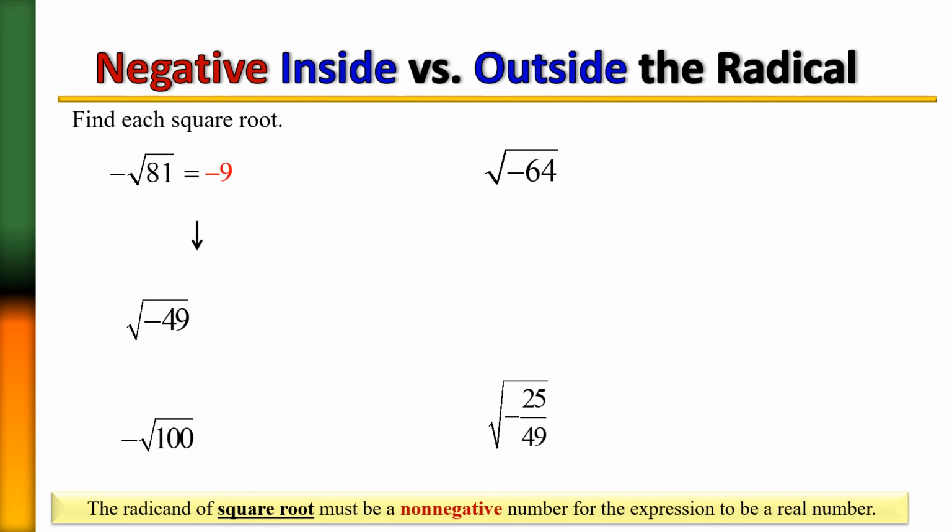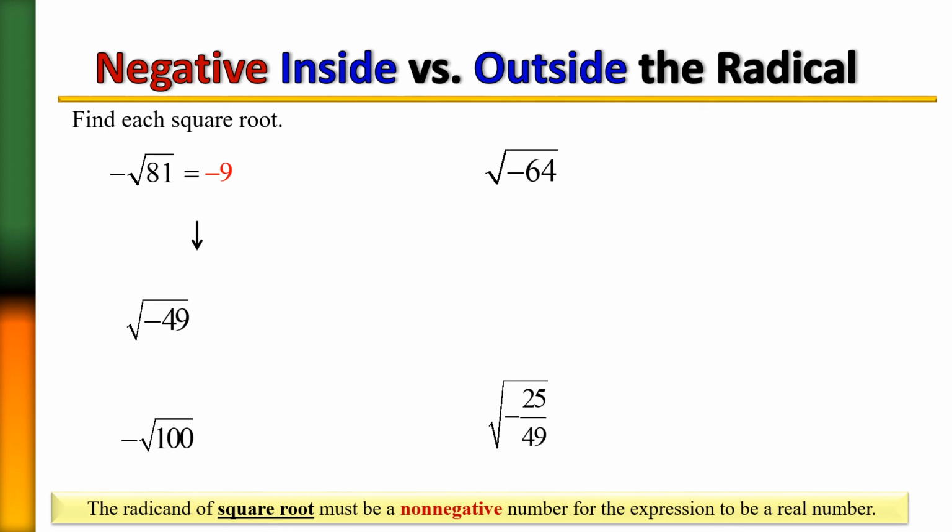How about the square root of negative 49? Notice here we have the negative under the radical symbol. Whenever you have the negative under the radical symbol, we are asking what number, when we multiply it twice, will equal negative 49.